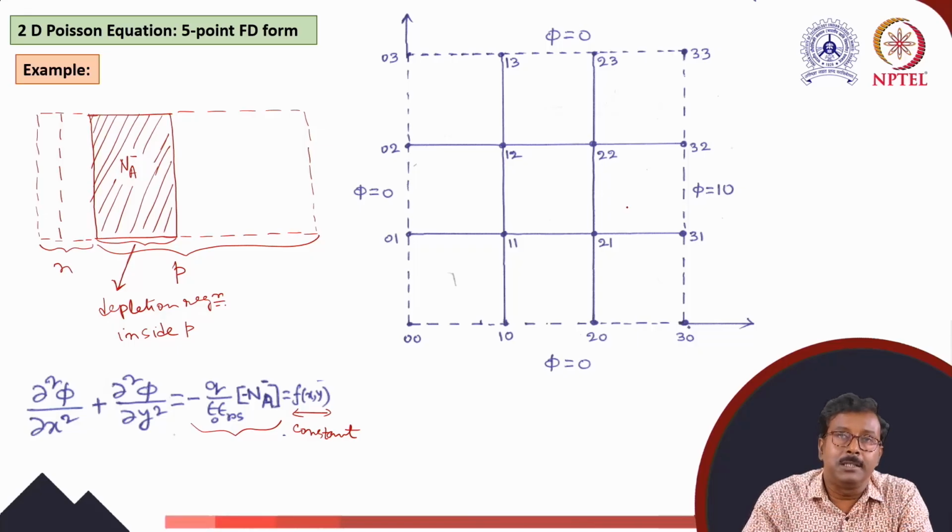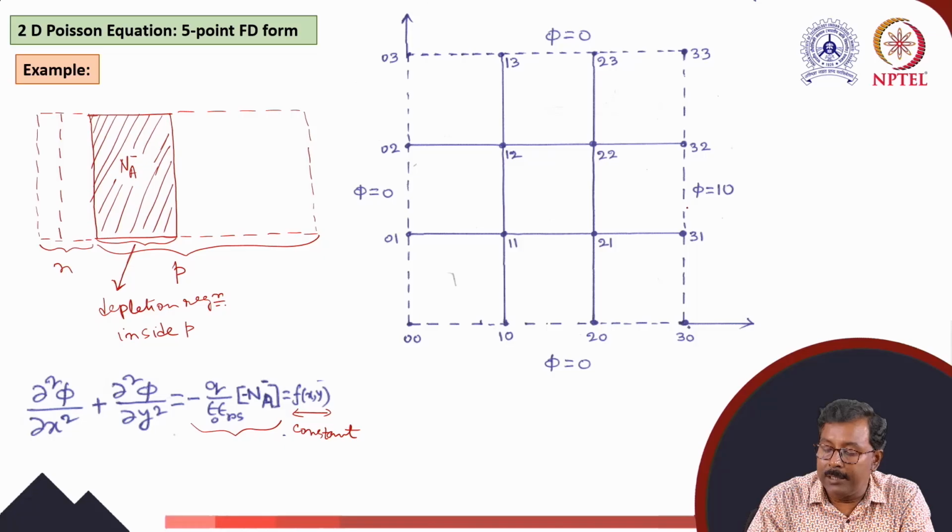For the boundary condition, suppose at this boundary phi is equal to 0, at the left boundary also phi is equal to 0, and in the top boundary also phi is equal to 0.